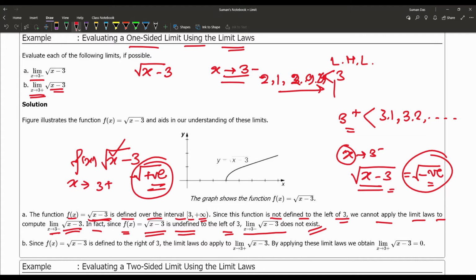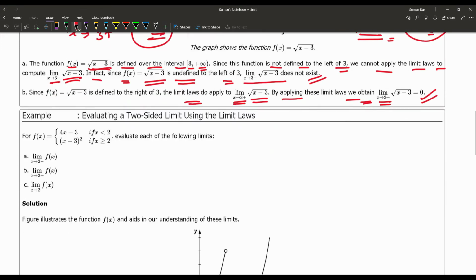So the limit laws can be applied for the limit as x approaches 3 plus of the square root of x minus 3. By applying the limit laws, we obtain that the limit as x approaches 3 plus of the square root of x minus 3 is equal to 0. So that is the type of function where only a one-sided limit can be evaluated.